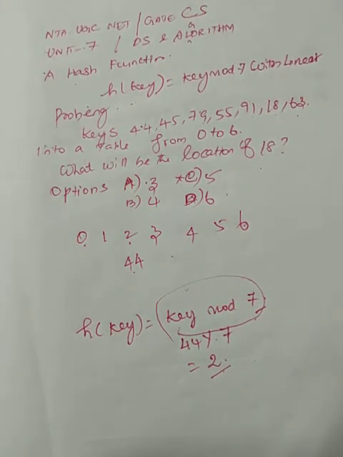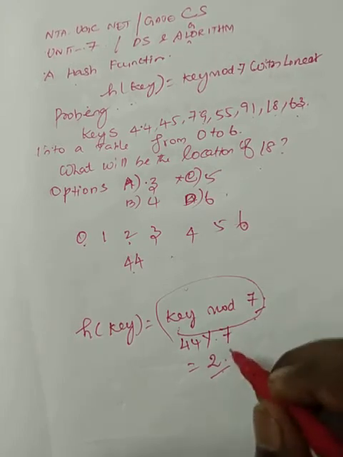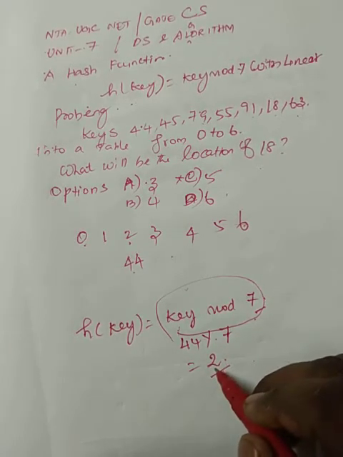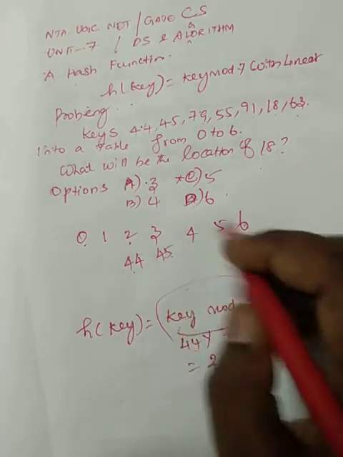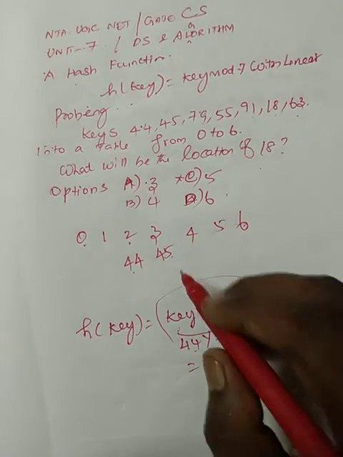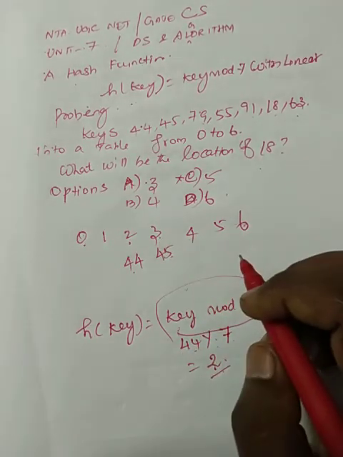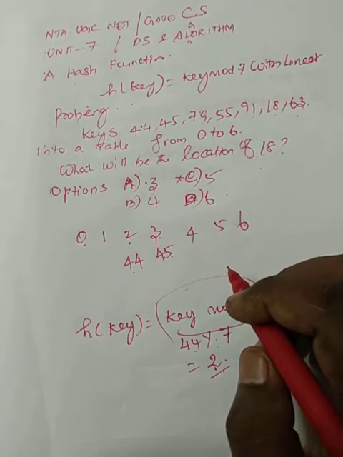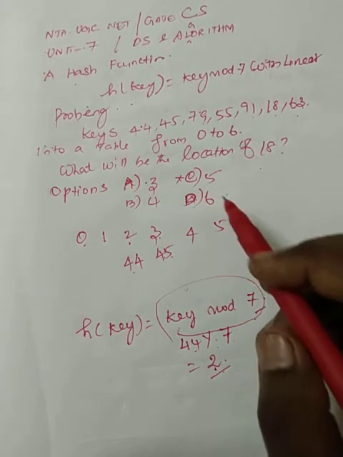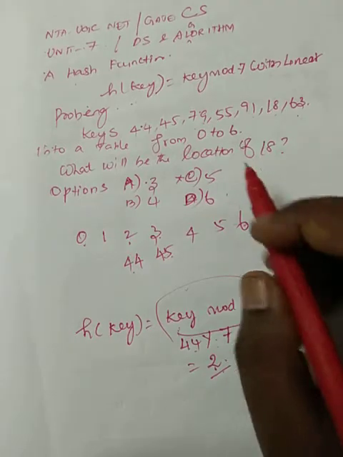Hope you understand. Now 45. For 44 the remainder is 2, and now 45 mod 7 has remainder 3. So we keep 45 in the third place. Like that, the next key is 79.